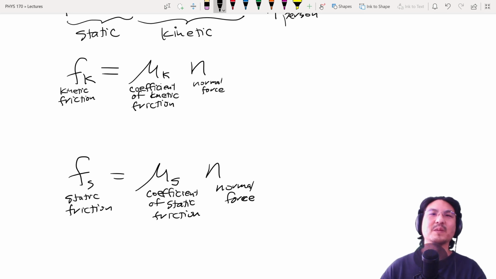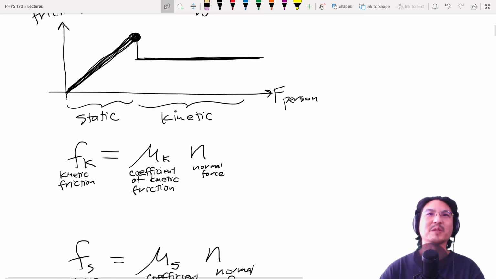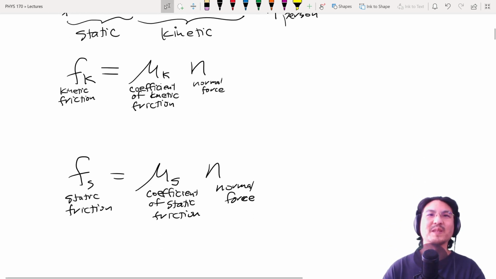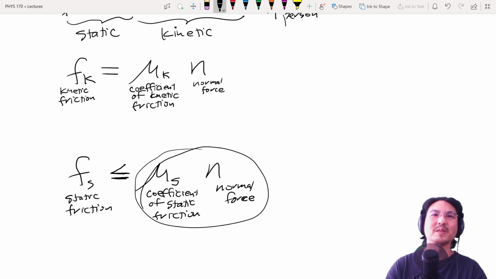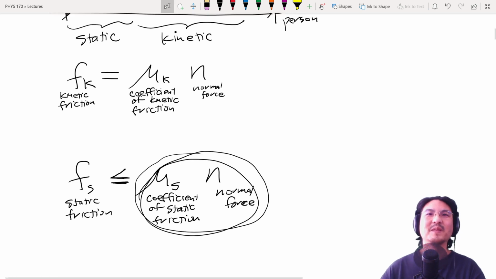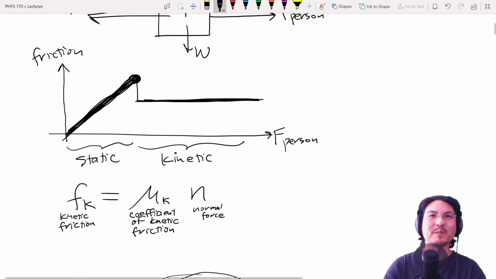This static friction we just said was a range of values. It's not just a constant. So what I wrote here is not a range, the range is like this. It's less than or equal to this. So this is the maximum value. Mu s times N represents this point right here, the maximum friction. It's actually this entire range here.